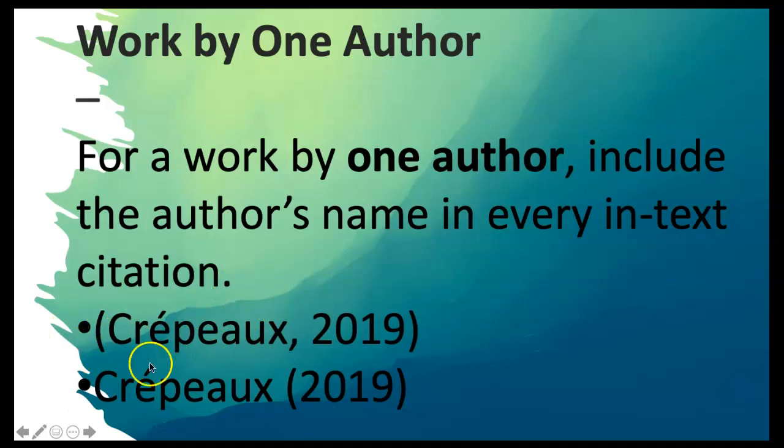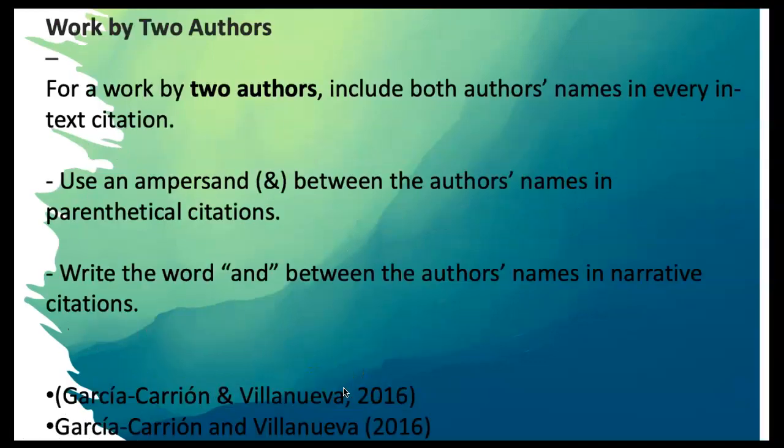The name of the author and the year of publication go inside the parentheses, once you have quoted something or once you have paraphrased something. So this is how it's going to go. But when it's a narrative citation and you're writing the name of the author first, then you will write the name of the author, and then in parentheses you're going to put the year of publication.